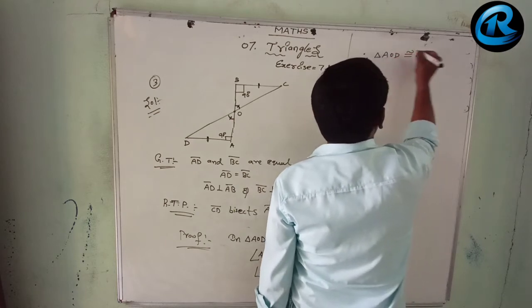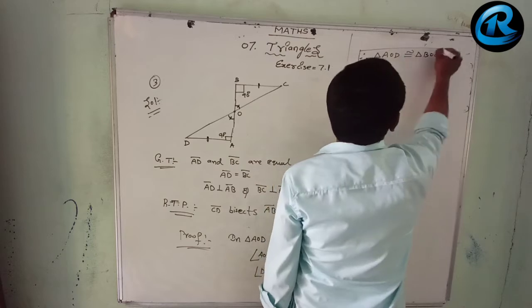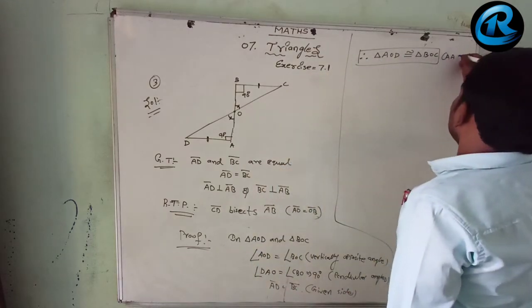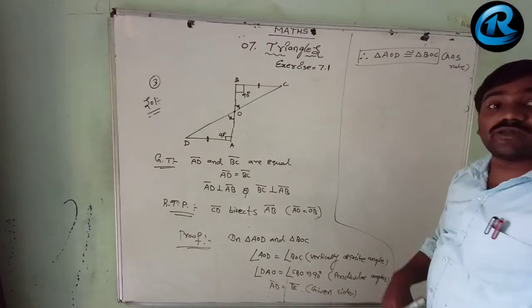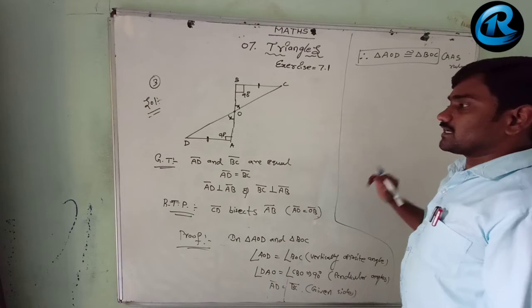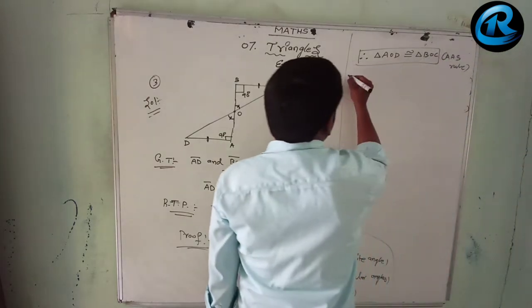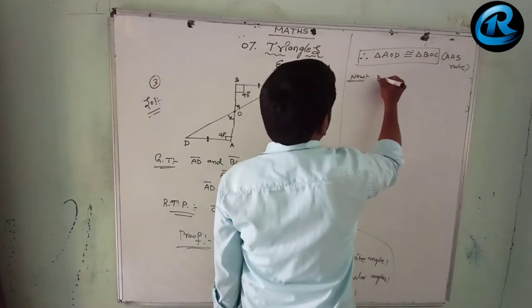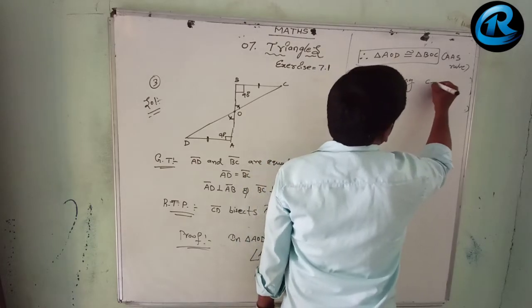Triangle AOD and triangle BOC are congruent by the angle-angle-side rule. I told you it will be satisfied. And what do we have to show now? See that now, by the CPCT rule, we can write by using the CPCT rule.